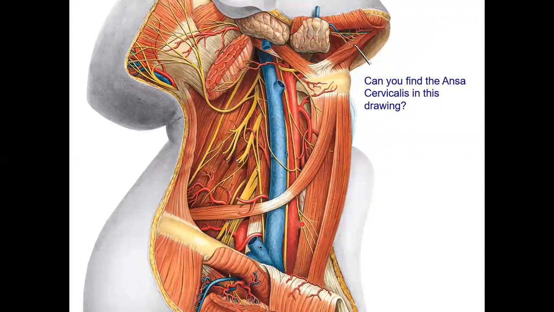I think I'm right. And you can see how here's the hypoglossal continuing up versus here's nerves coming down to innervate, I believe, sternohyoid. Yep, and that was our loop.